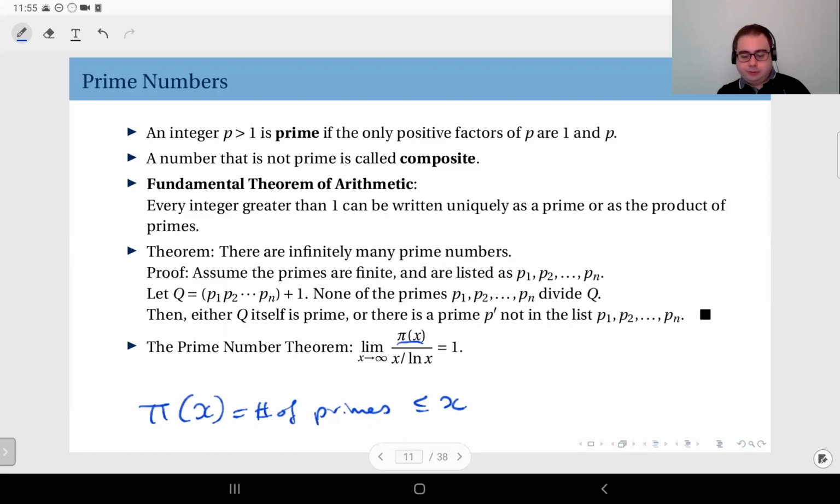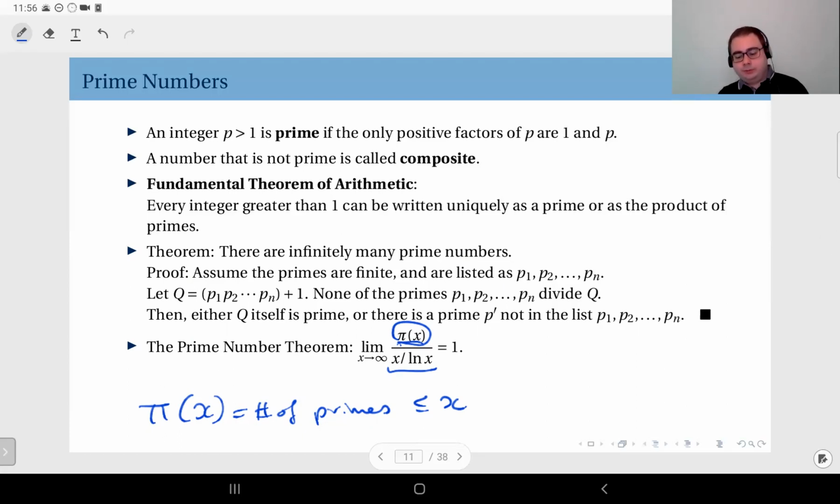The number of primes, pi of x, as x approaches infinity, approaches the function x divided by ln x. This is a very interesting result, and it's quite useful also. Pi of x divided by x over ln x goes to 1 as x goes to infinity.